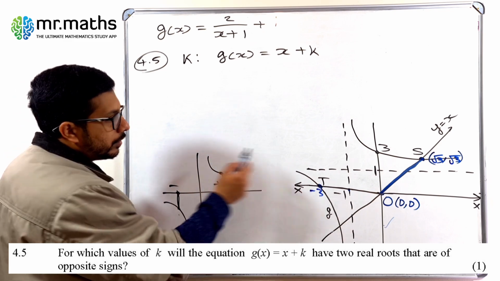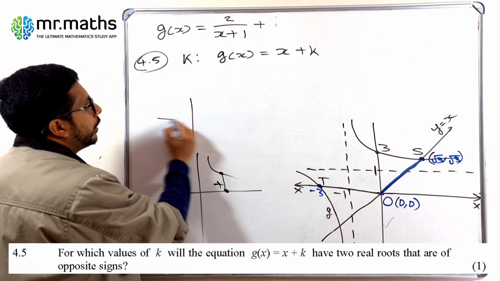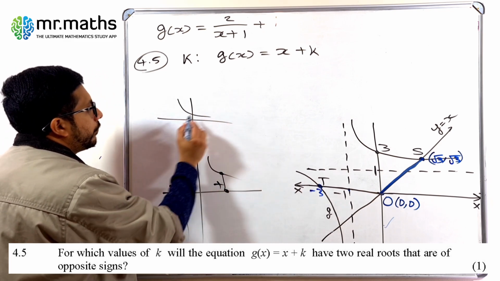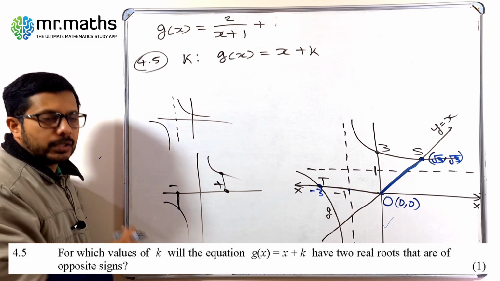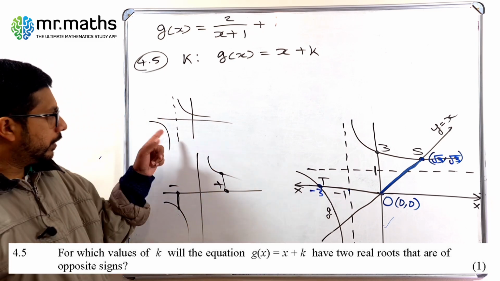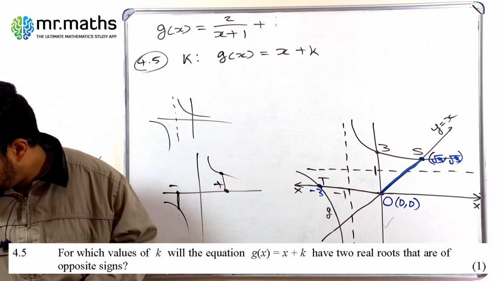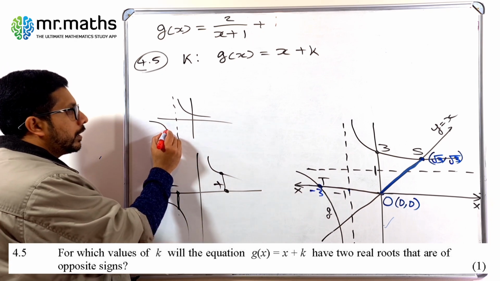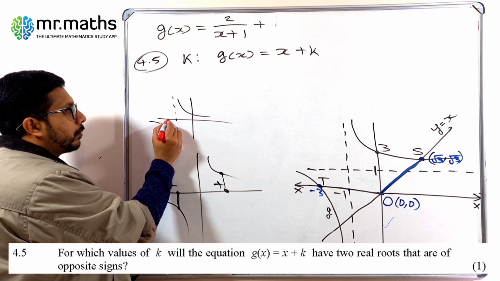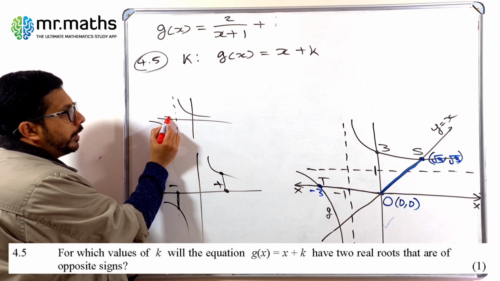Okay, so if I try to draw that graph, you can see that this graph is coming like this, this is the asymptote, and there is another graph. Let me draw a rough graph. Here, if I take a point here, what is the root? Here it is negative. Am I right?